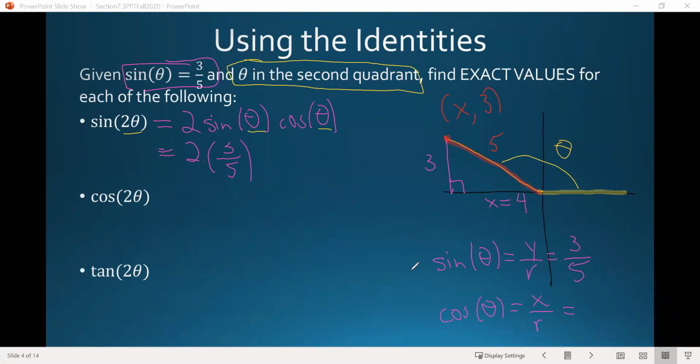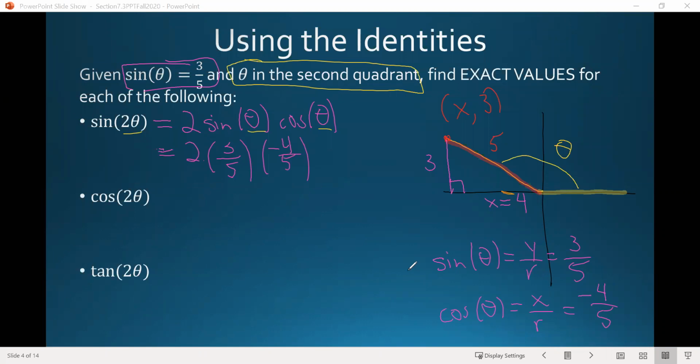But recall that we're in the second quadrant, right? And so because we're in the second quadrant, we know the values of x there are negative. So this should be a negative 4, which then tells us that the cosine value will be negative 4 over 5. All right, so then we can plug that in for the value of cosine here.